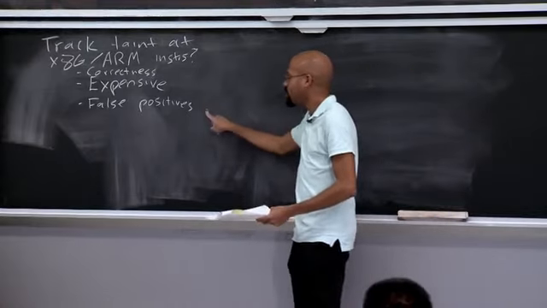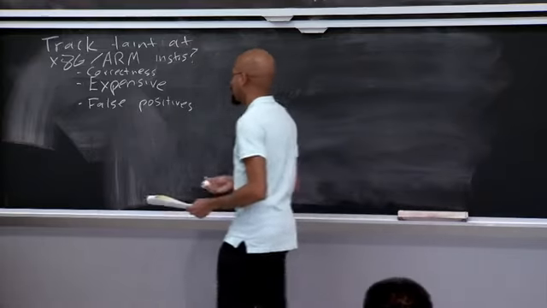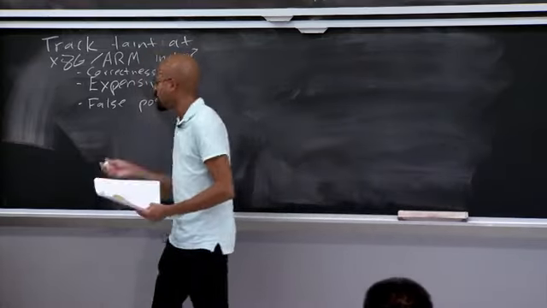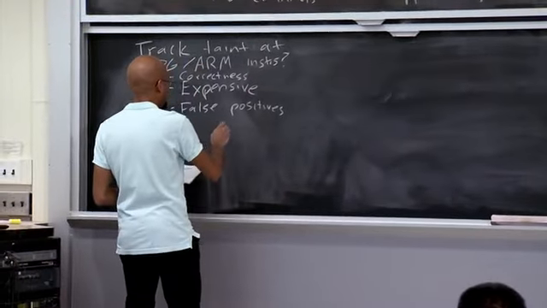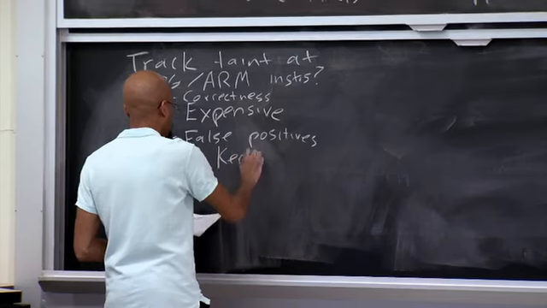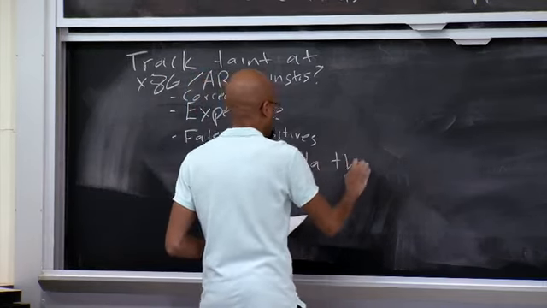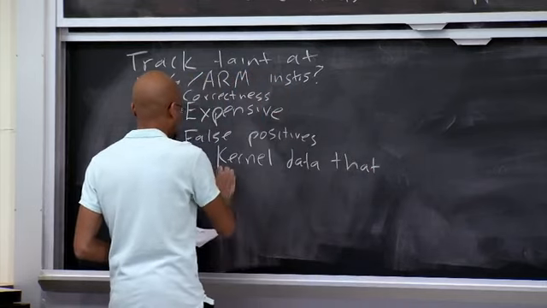And then there's this issue of false positives here. And this is actually pretty devastating. You can get into bad problems if you ever have kernel data that improperly gets tainted.